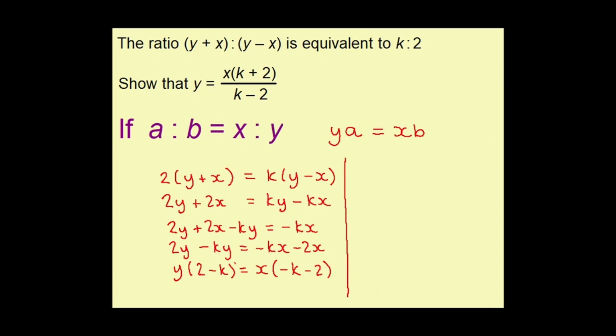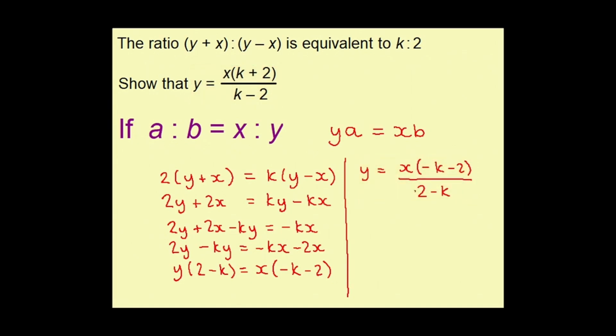Now I can divide both sides by 2 minus k. So I get y equals x brackets minus k minus 2, divided by 2 minus k. So now I've isolated the y. If I compare what I've got with what's given here, I can see it's pretty close, but I just need to do one more thing.